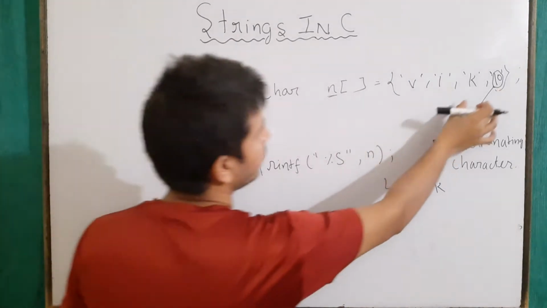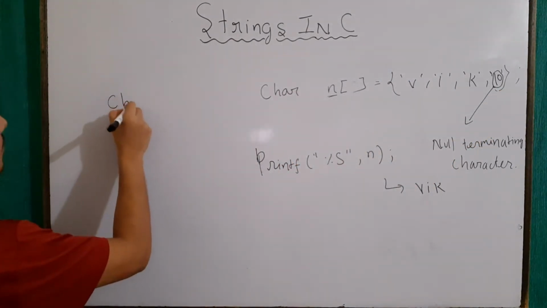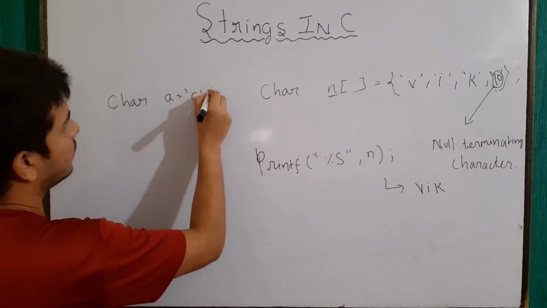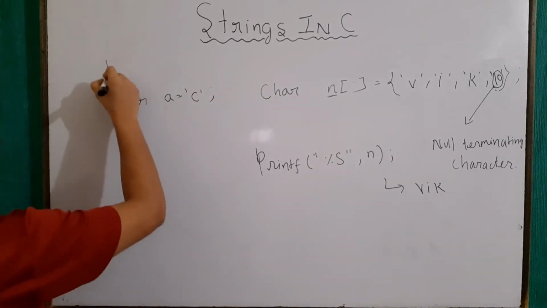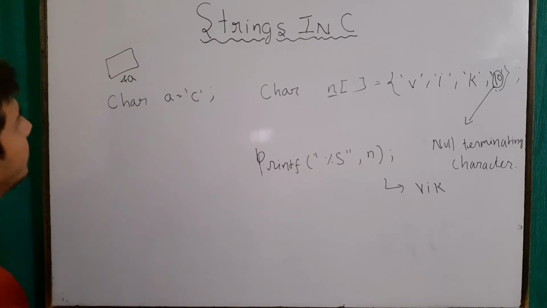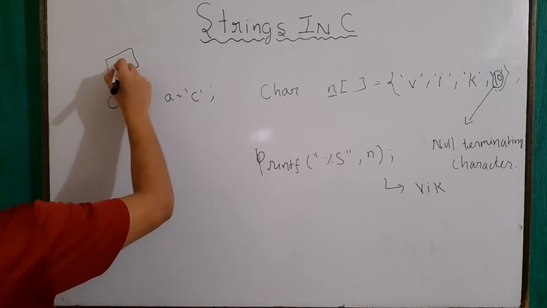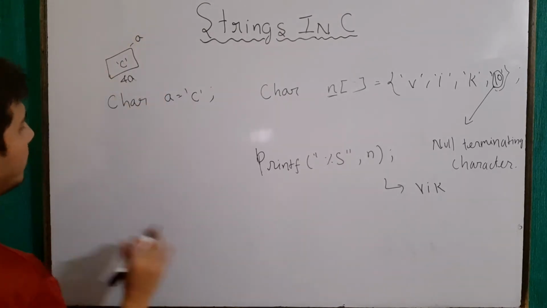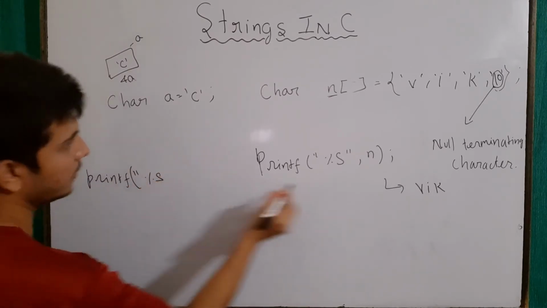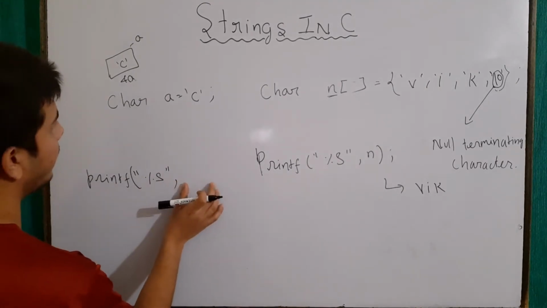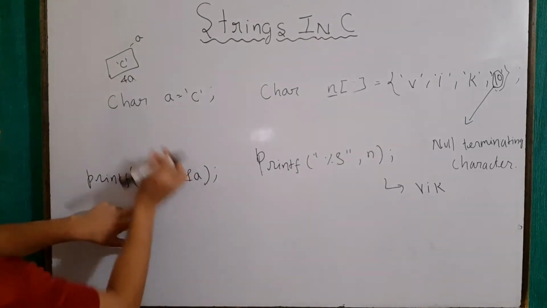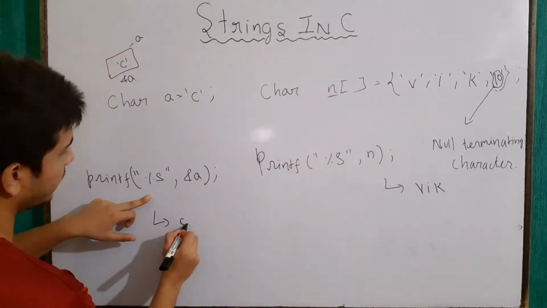To understand why we require this, let's take another example. Let's say I am using a simple variable, character A, and giving it the value C. Now what's happening is this variable is going to be allocated in some memory, and the memory location or address will be given by address of A, and currently it is holding C. Now in C programming, when I use the %s specifier and write some address, let's say address of A, first of all, whatever is present at this address, it will print, so it will print C first.